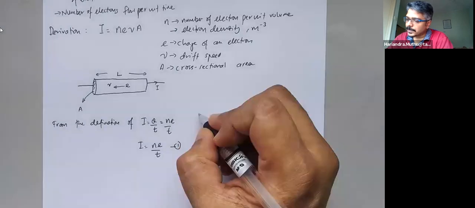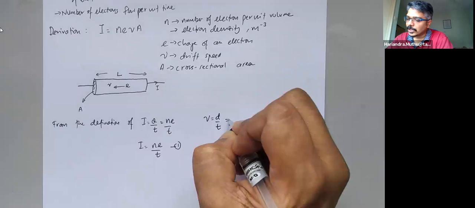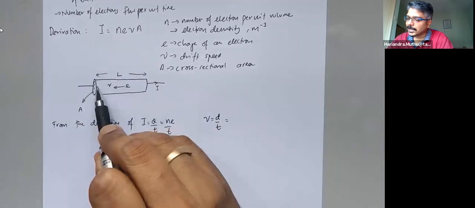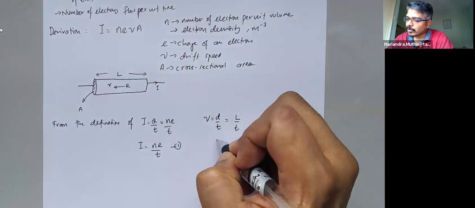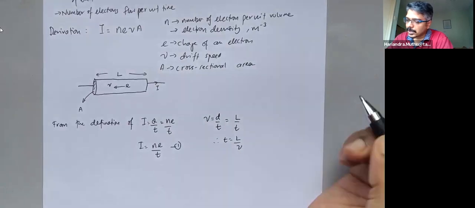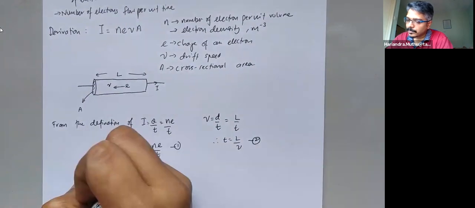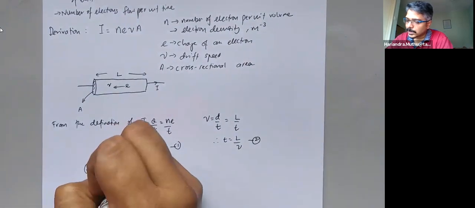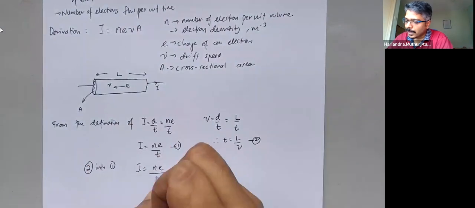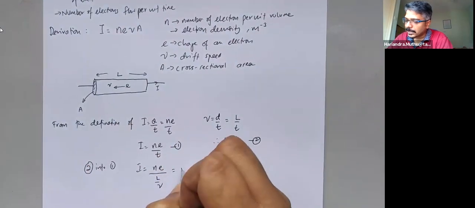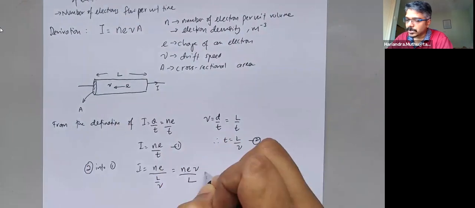Drift speed is the distance over time, where it is moving through the conductor of length L, so v equals L over T. Therefore, T equals L over v. That is equation 2. We now substitute equation 2 into equation 1. So I equals Ne v over L. This becomes equation 3.